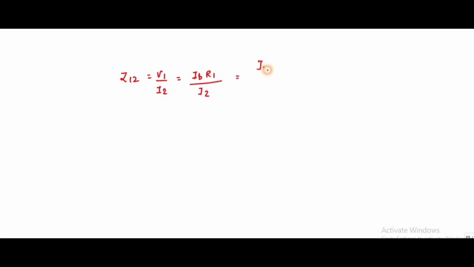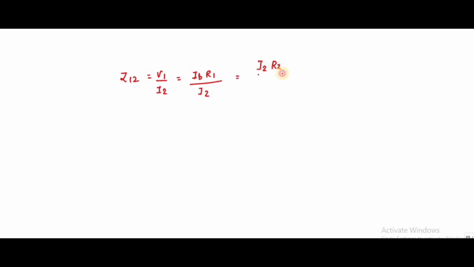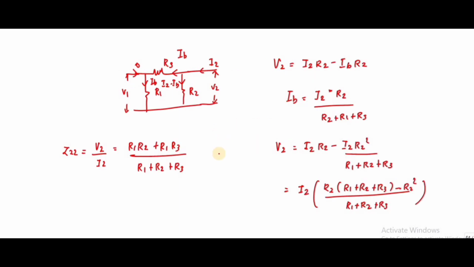IB is equal to I2 into R2 R1 divided by R1 plus R2 plus R3, divided by I2. So I2 gets cancelled out. So R1 R2 divided by R1 plus R2 plus R3. That is Z12.